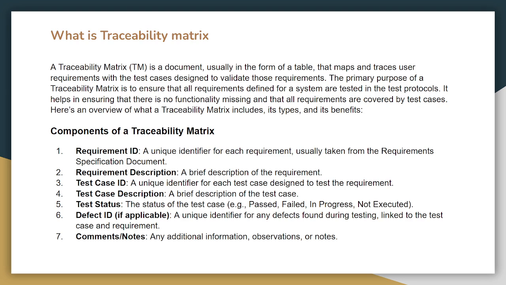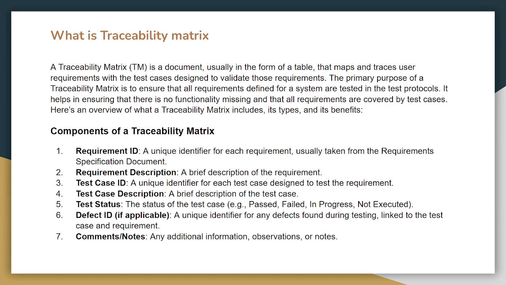That is, it enhances the overall quality of the software product by ensuring thorough validation of all the specified requirements. And it streamlines communication. Basically, it acts as a communication tool among the project stakeholders. Everybody will follow the traceability matrix, including the customers and project stakeholders, meaning the developer, tester, and project manager. So it's basically a document that communicates, and it provides a clear mapping of requirements to test cases.